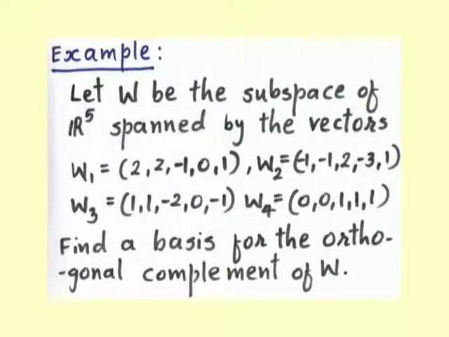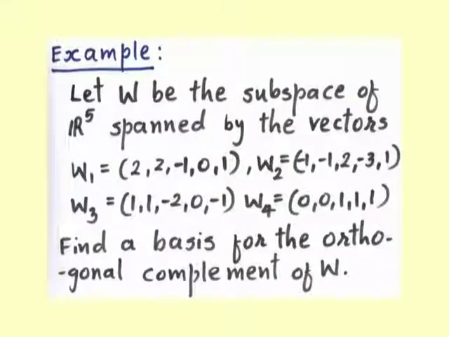Now, what is the use of this theorem? Suppose we have an example like this. Let W be a subspace of R5 spanned by the vectors W1, W2 up to W4, and we need to find the basis of the orthogonal complement of W. In this type of example, what is the use of this theorem?